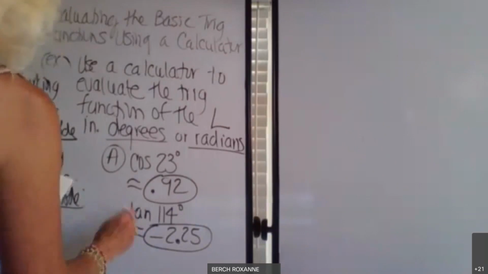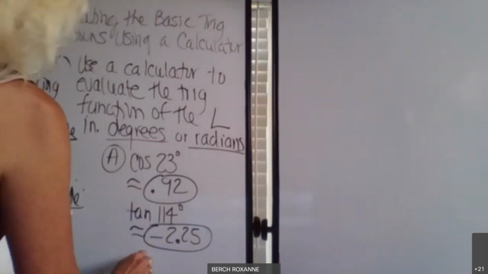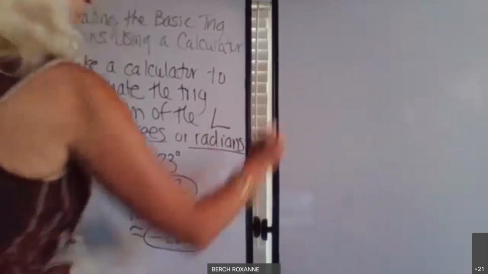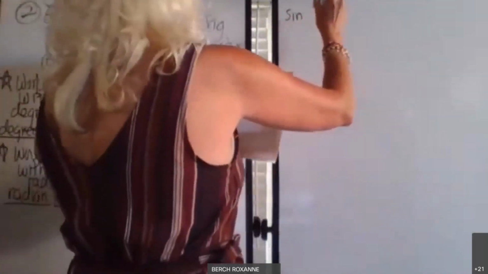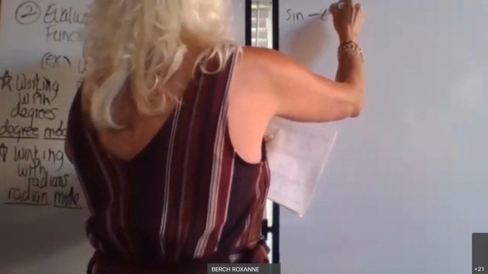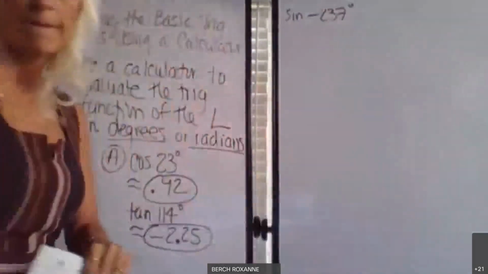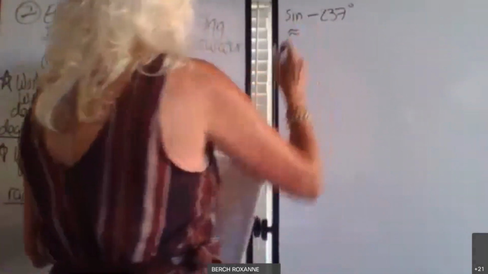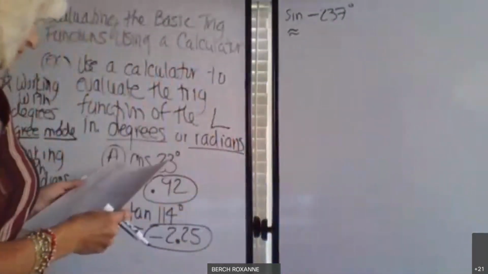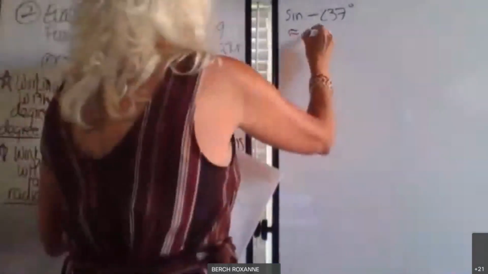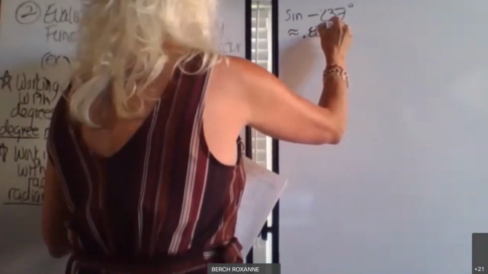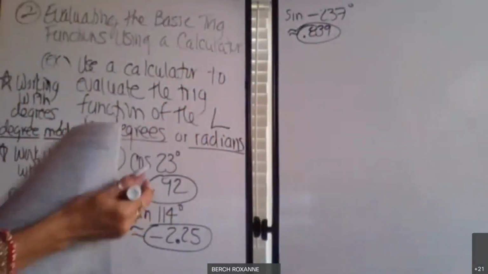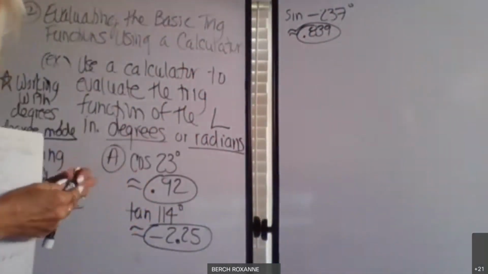And then what about sine of negative 237 degrees? About 0.839. Yeah, that's what I got.